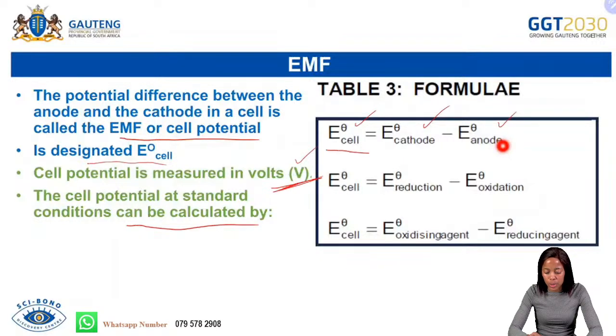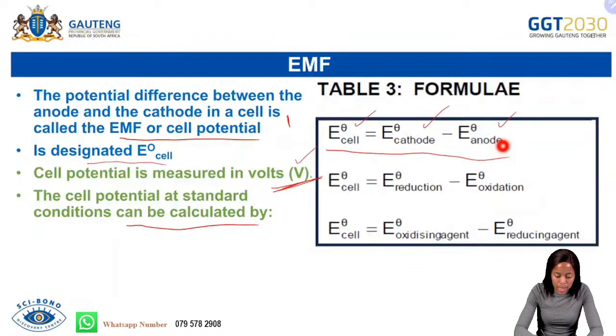Now, how do you then use this? Remember, you would have used your ABC there. So you would have identified your anode, you would have identified your cathode, and then you go on to table 4B, and then you are able to substitute those values there.